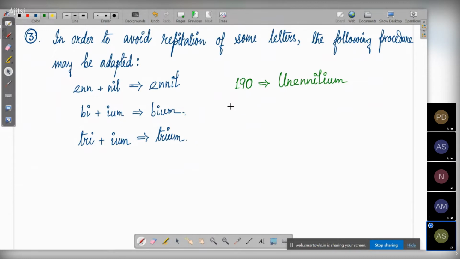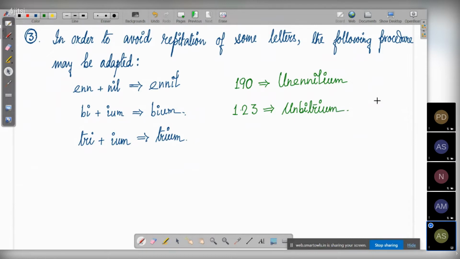Or suppose you get 1, 2, 3. That is un-bi-trium.